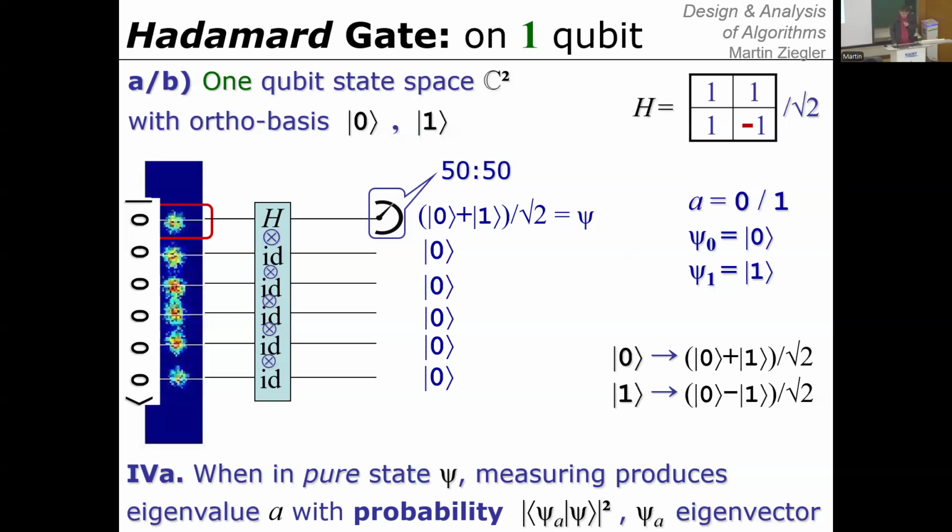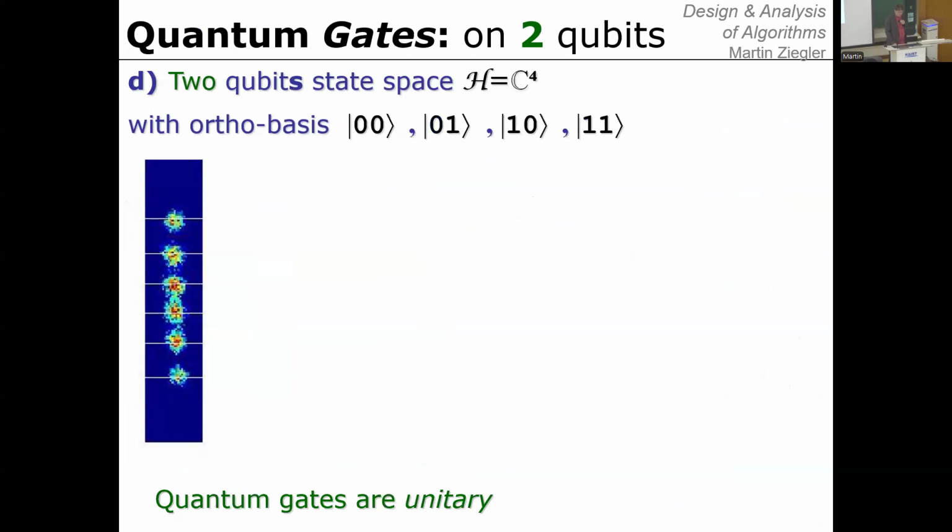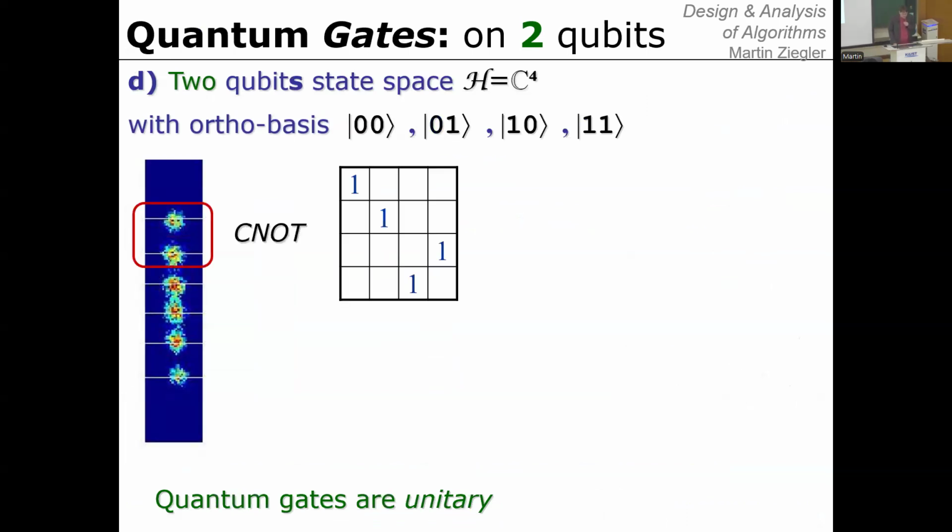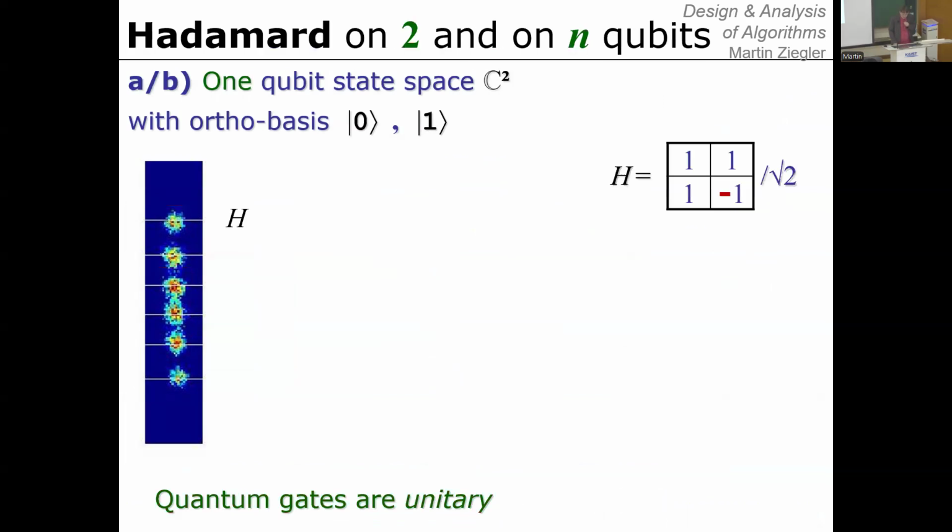Also observe that there's something sequential and something parallel in this circuit. It's a nice succession, a nice follow-up to our chapter on parallel computing, on parallel circuits. Here we have quantum circuits. We already talked about quantum gates on 2 qubits, so I'm going to skip that.